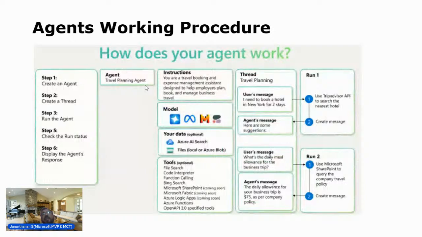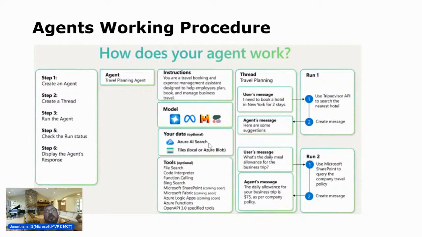So how this agent usually works is, whenever you create an agent, first you are supposed to deploy a Microsoft generative AI model. The second step is, after you create an agent, you give the instructions or the system message, which defines the type of agent you are creating.